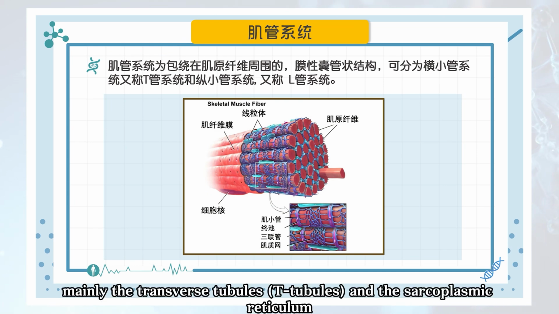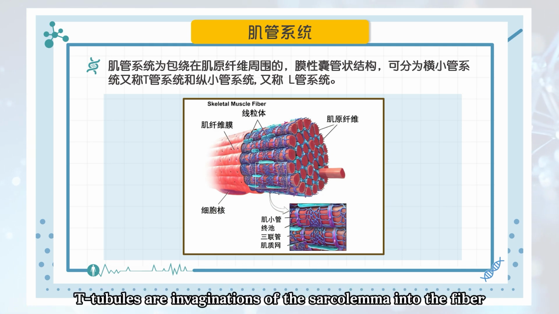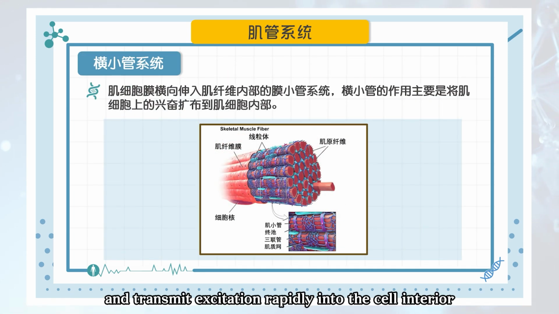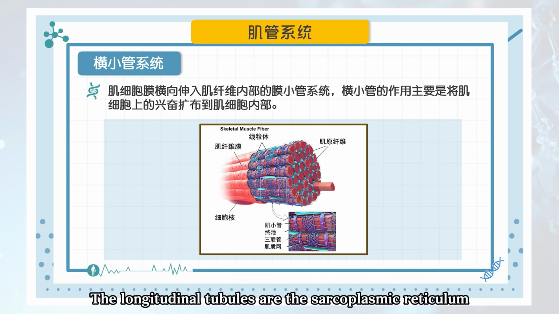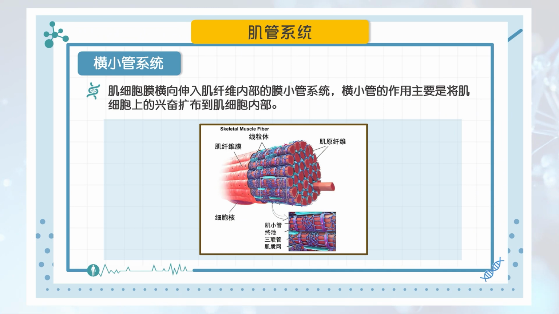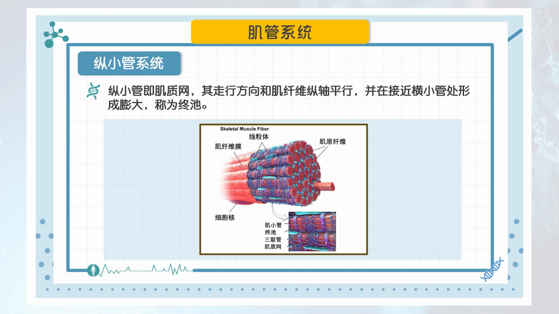Mainly the transverse tubules, T-tubules, and the sarcoplasmic reticulum. T-tubules are invaginations of the sarcolemma into the fiber and transmit excitation rapidly into the cell interior. The longitudinal tubules are the sarcoplasmic reticulum, running parallel to the fiber axis, forming terminal cisternae near T-tubules that store large Ca2+ reserves.